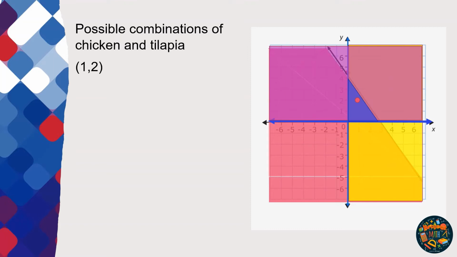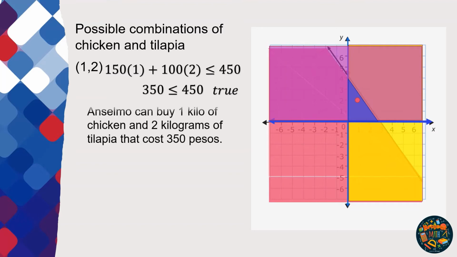Checking the inequality, 150 times 1 is 150 plus 100 times 2 is 200. Combining it, we have 350, which is less than or equal to 450. So the statement is true.